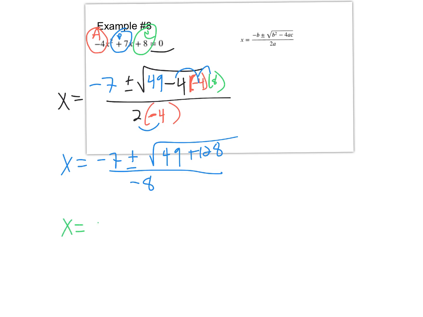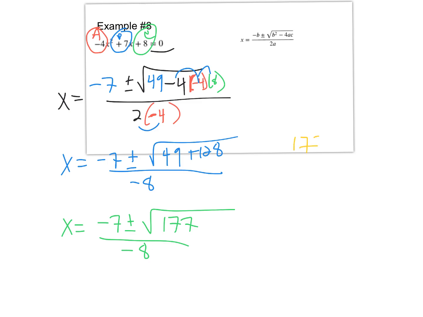X equals negative 7 plus or minus radical 49 plus 128, which is 177, divided by negative 8. Now, let's evaluate radical 177, see what I can break from this.